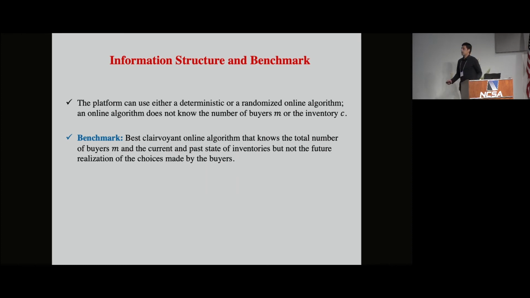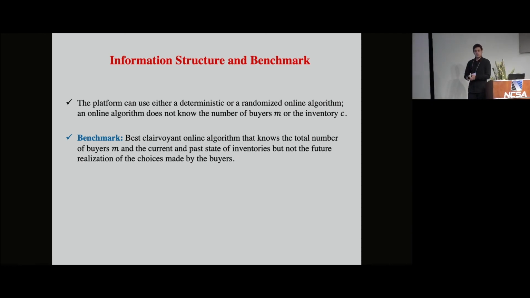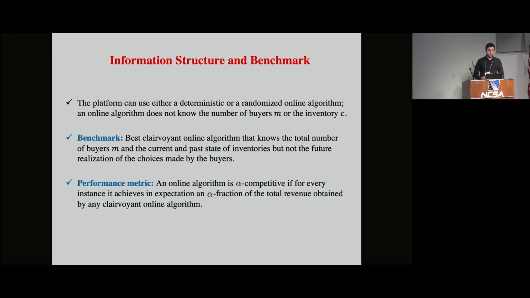The best clairvoyant online algorithm knows the total number of buyers. It knows the current state of the inventory and everything that has happened in the past, but it has no information about the realization of the buyers' choices in the future. So we are going to compete against the best clairvoyant algorithm, and we use the competitive ratio to measure the performance of our algorithm: how close we can get to this best clairvoyant.